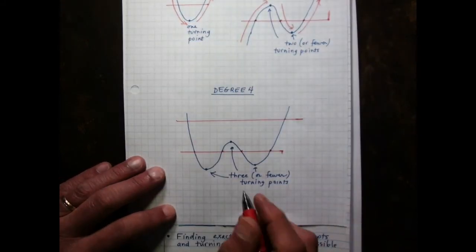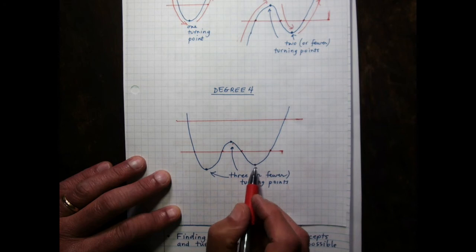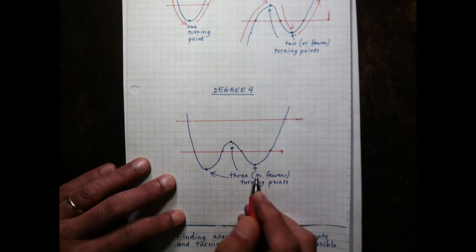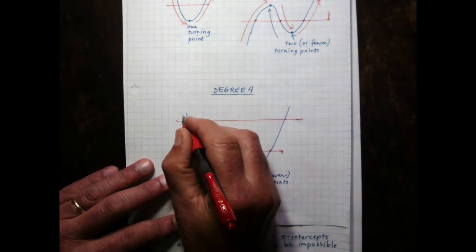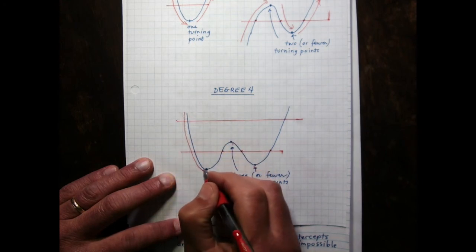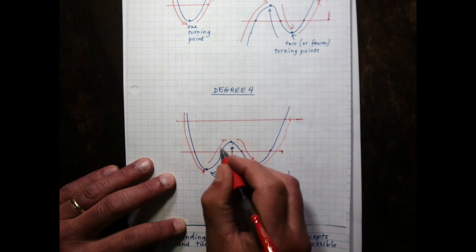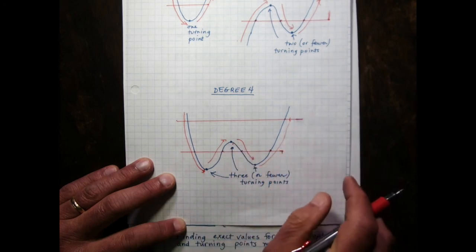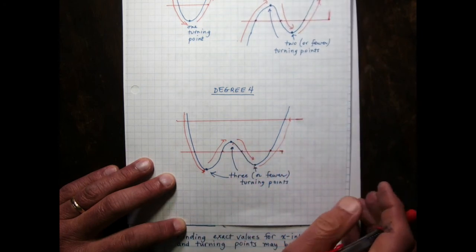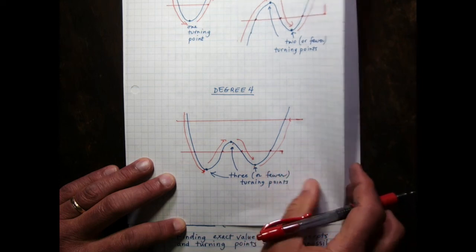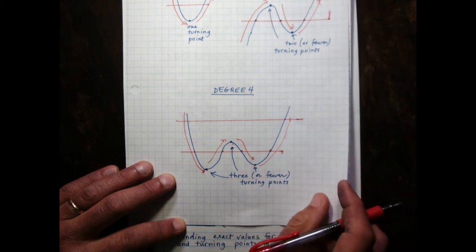Degree 4, 1, 2, 3 turning points, possibly, but increasing, decreasing portions, you can go down, up, down, up, 1, 2, 3, 4. The decreasing, increasing portions of the graph can be equal to the degree or less.